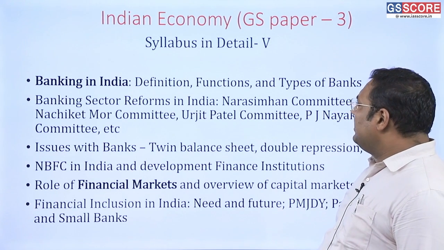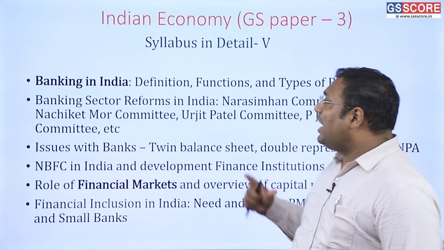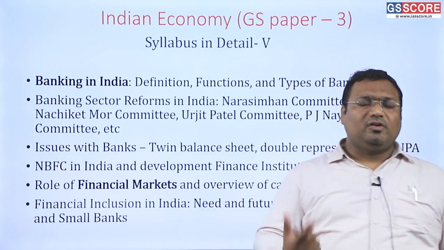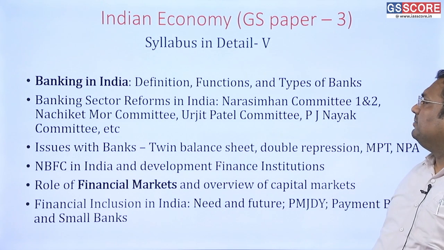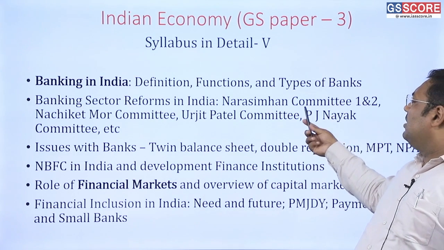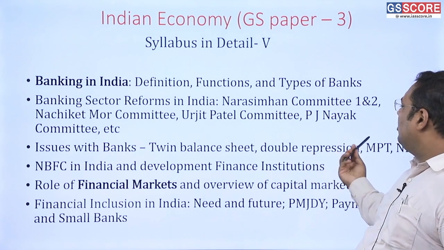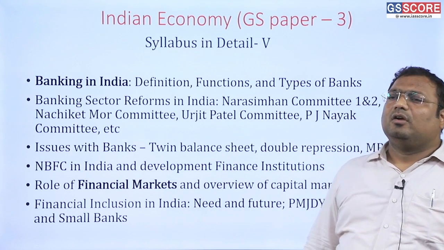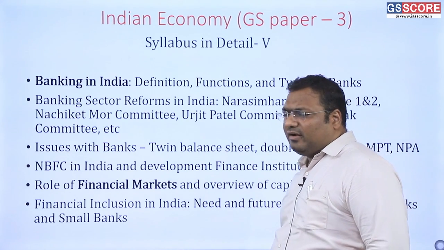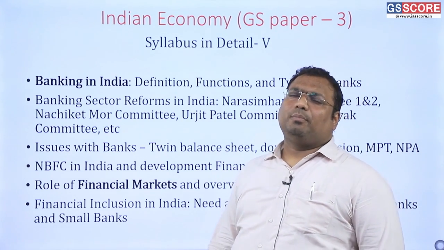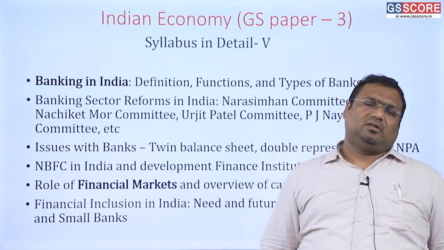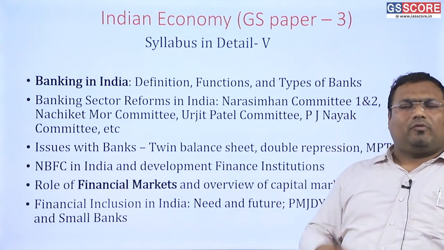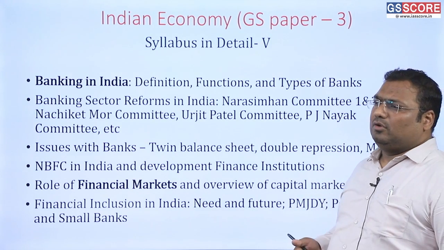Then banking in India. Okay, so types of bank, for example, the functions of bank. Then the banking reforms in India. Okay, Narasimham Committee. There are various committees here. All of that we need to study here. For example, the issues with the bank in recent time. So, for example, we have had a big problem regarding NPA, non-performing assets. The loans which bank provide and unable to recover.